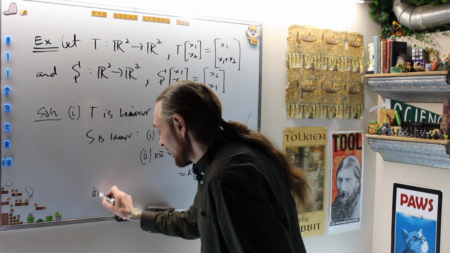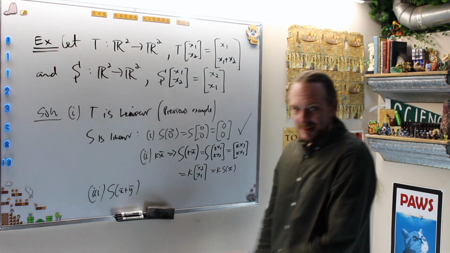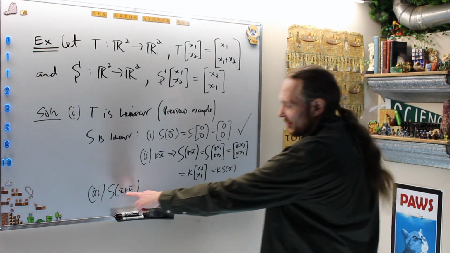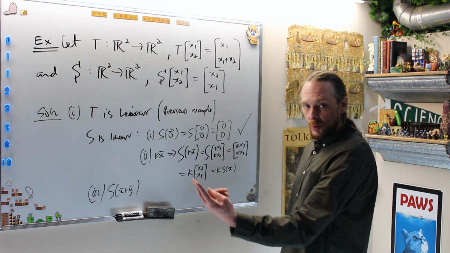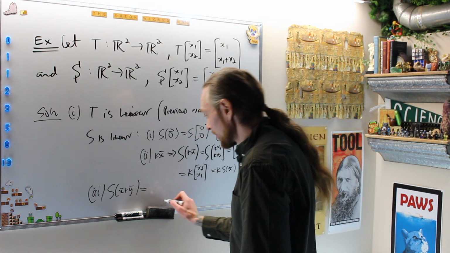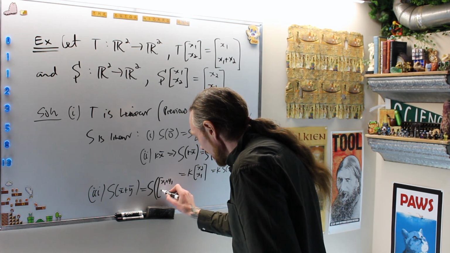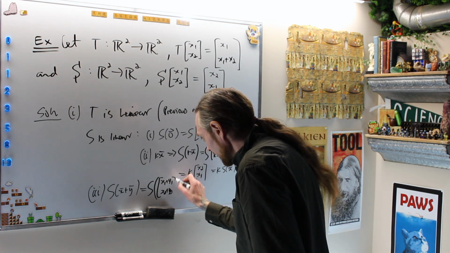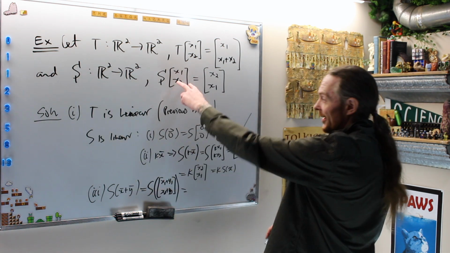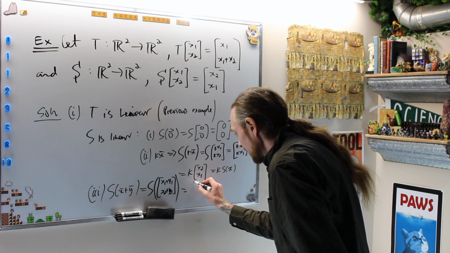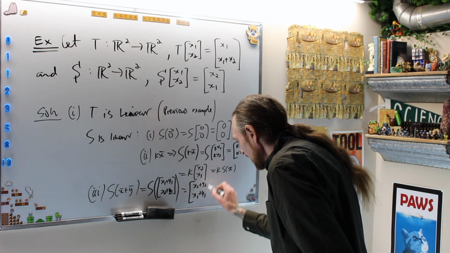And then 3, S of x plus y. I'm not even going to write it down because in my head I've already built what x plus y looks like. I did in the last example too. x1 plus y1, x2 plus y2, coordinate-wise addition. What is that now going to do to that? That's going to be S of x1 plus y1, x2 plus y2, coordinate addition every time. Which is now what? That goes here, which is going to flip those. That will be x2 plus y2, x1 plus y1.